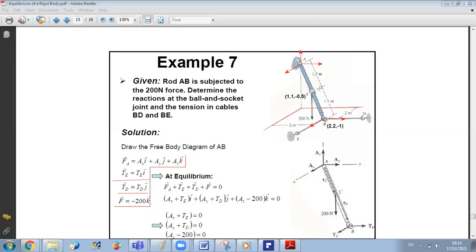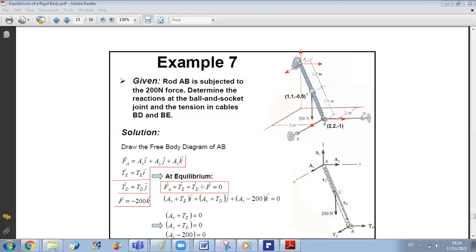Now, the second step after writing the expression of all forces is to apply the equilibrium equations. I will start first by the force relation. You know that the sum of forces equals 0 for equilibrium. So I will write FA plus tension at E plus tension at D plus F equals 0.